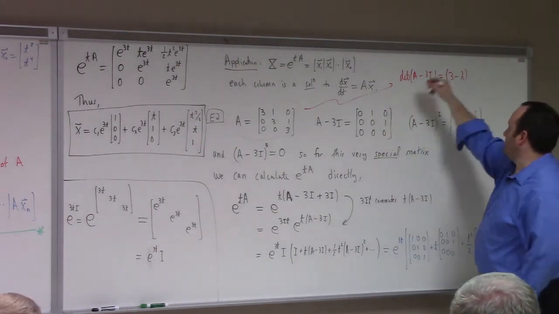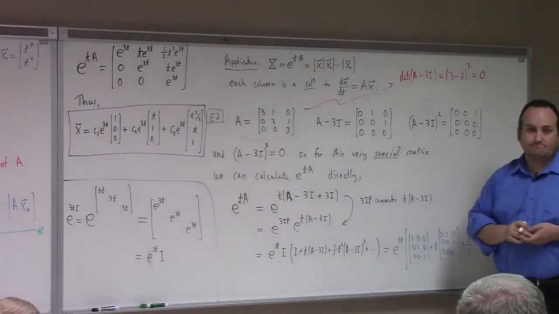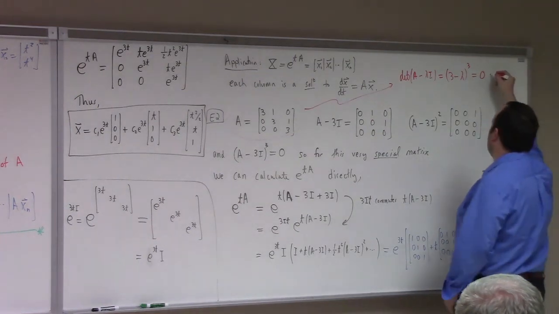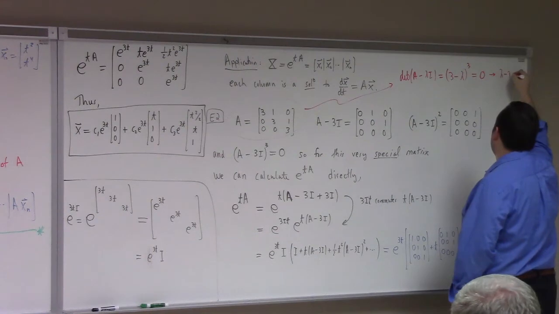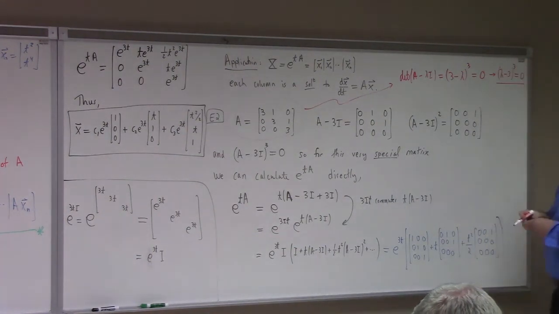You just plug it in. It's (3 minus lambda) cubed equals 0. Of course, you could also look at this as (lambda minus 3) cubed equals 0. That's the characteristic equation. There's something called the Cayley-Hamilton theorem.